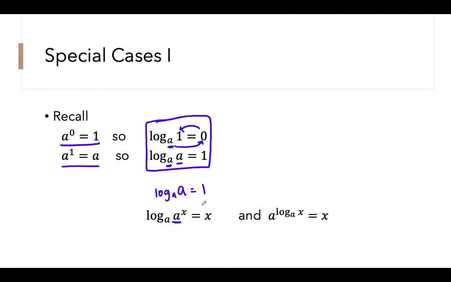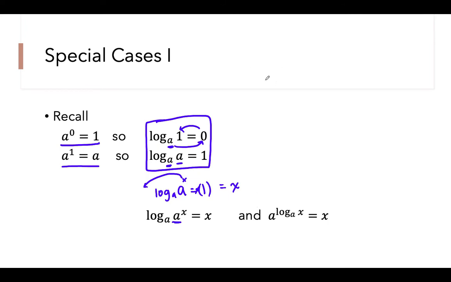So it essentially means it's 1 to the x, right? So x can actually be brought to the front, so the exponent of a logarithm can be brought to the front. So it's going to be x times 1, which is x.